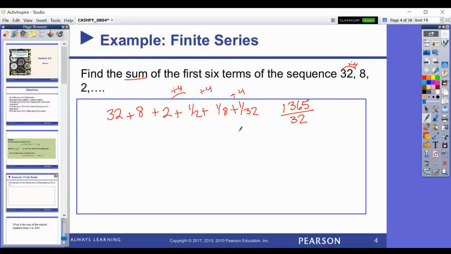That would be the fraction, or it's 42.65625. So that means it's 42, and we could subtract 42 and have the 0.65625. Do the math, enter on that, and you get 21 over 32. Any of these 3 answers are correct.